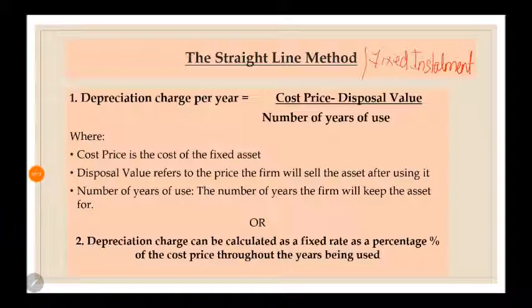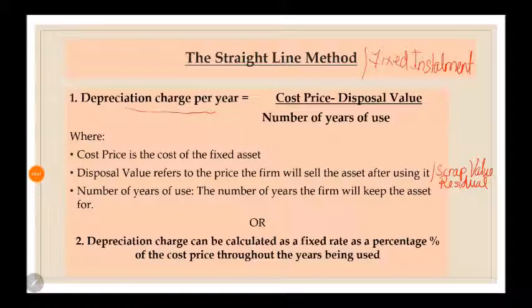So what is the formula for the straight line method? We have here the depreciation charge per year is the cost price of the asset minus whatever you're going to sell the asset for at the end of the time you're going to use it for, or disposal value. And sometimes they say disposal value, scrap value, residual value, same thing, right? So scrap value, disposal value is just the price that the firm will sell the asset after using it for a number of years.